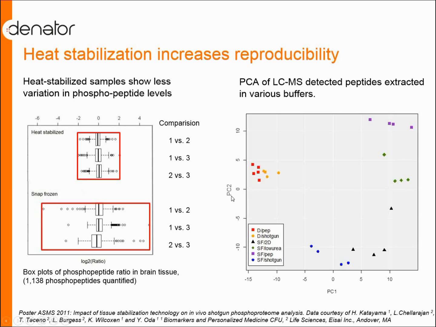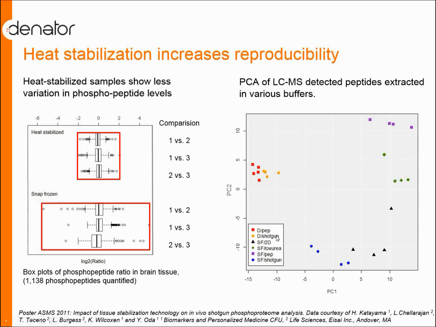Another way of visualizing this, from a completely different example, is to use a PCA plot, principal component analysis. What we're seeing here is an experiment where we extracted low molecular weight peptides using various common buffers, and then incubated it.